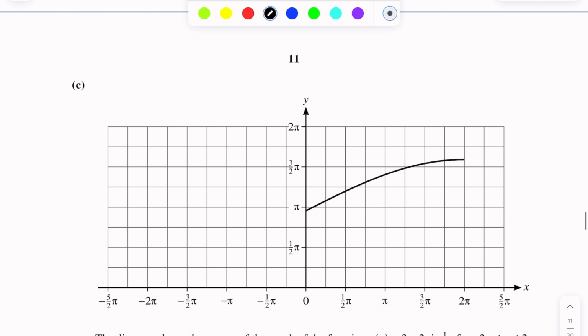Now the maximum point is given in the question, that is this point. This is the baseline.